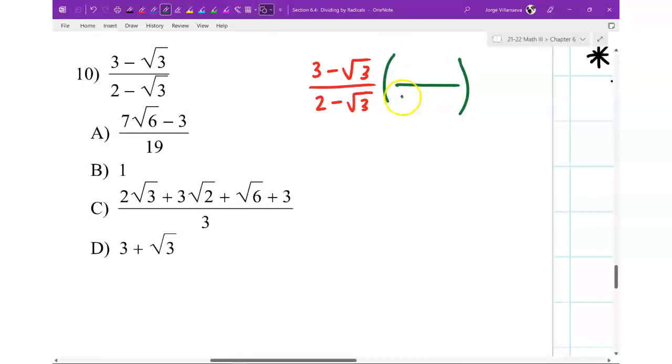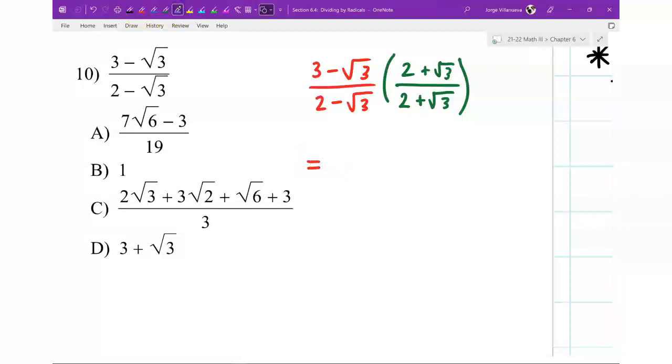The conjugate would be 2 plus radical 3. I mean, that's not hard to write. The tough part is being careful when you now distribute your work, okay? Just be very careful. So here we go.